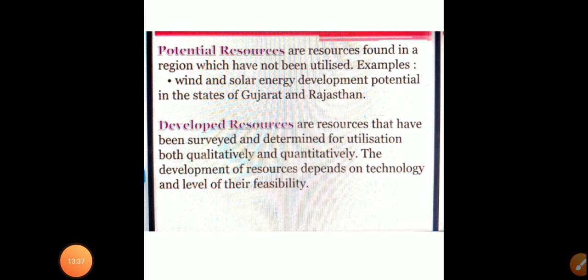Fourth one, we will come to the fourth point, that is reserve resources. In these resources, we will talk about the subset of the stock which can be put into use with the help of existing technical know-how, but their use has not yet started.